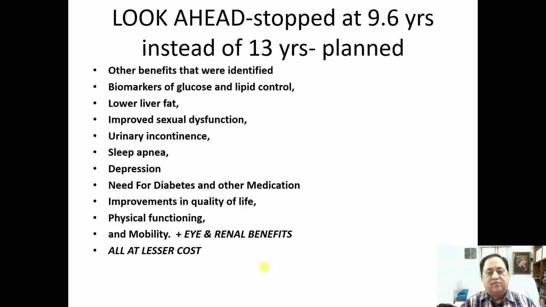We also should not forget that over a period of 9.6 years, we saw other benefits also, like biomarkers related to glucose and lipid improved.